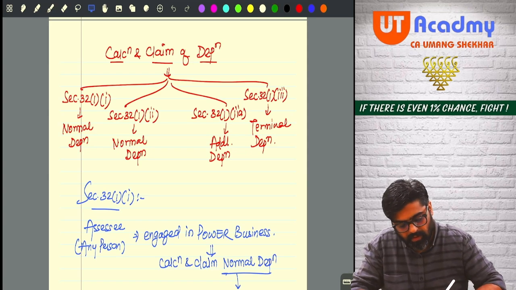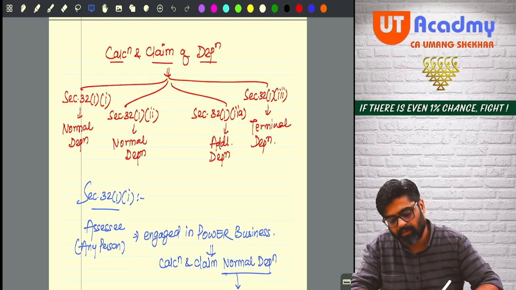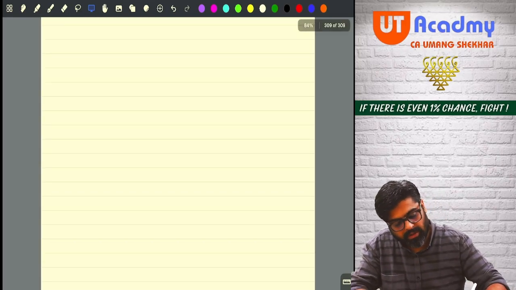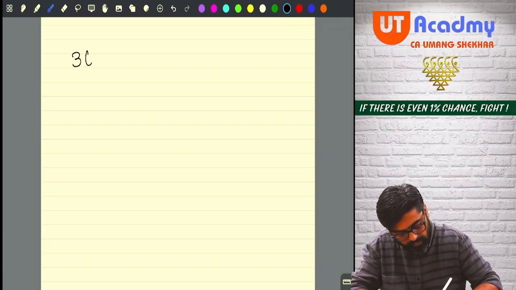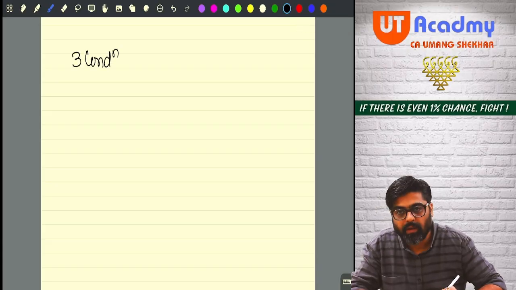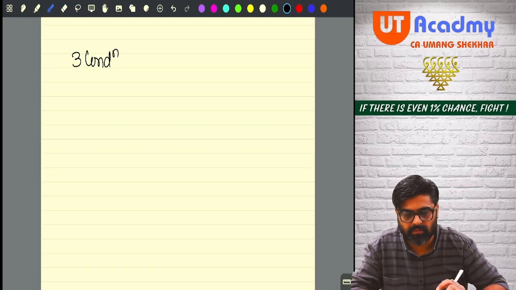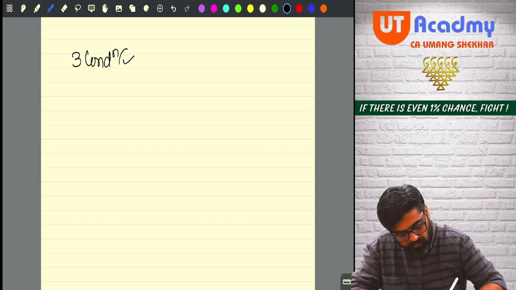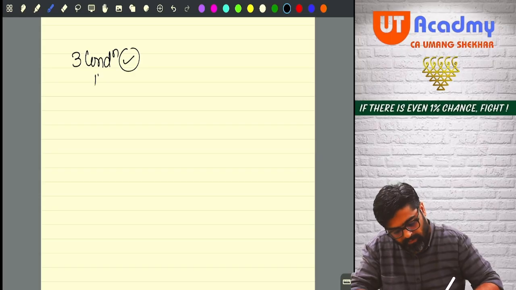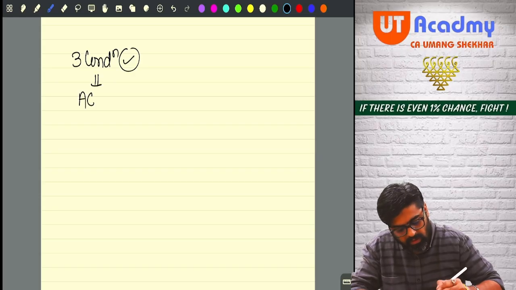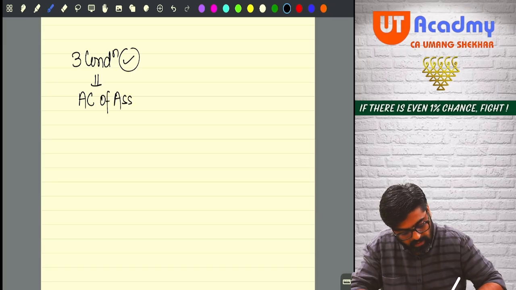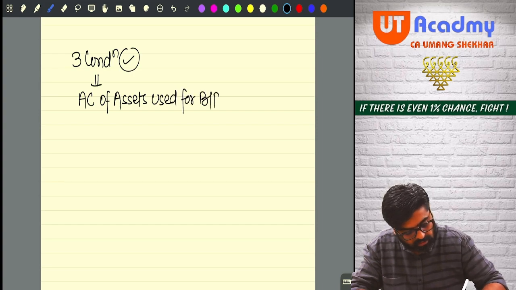Calculation and claim of depreciation means that if all three conditions, as we have just now discussed, are fulfilled, then the actual cost of assets used for the business or profession.